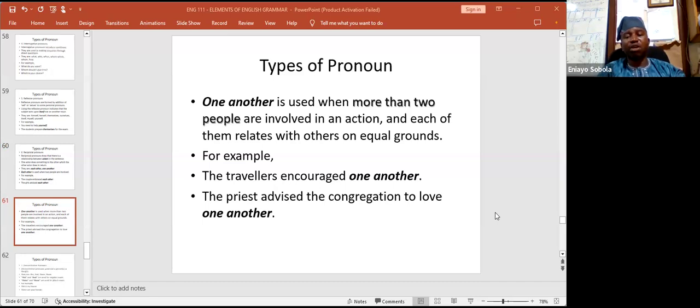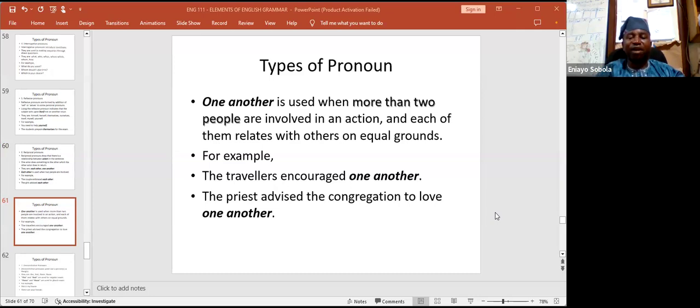But one another is used when we have more than two people involved in an action, and each of them relates with the others on equal ground. For example, the travelers encouraged one another, meaning there are many travelers involved. As they engage in the voyage, A encourages B, B encourages A, C encourages A. All of them began to encourage one another.